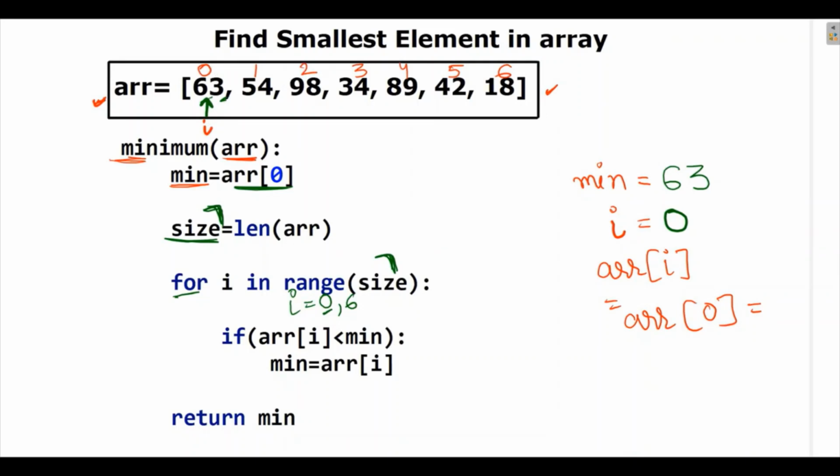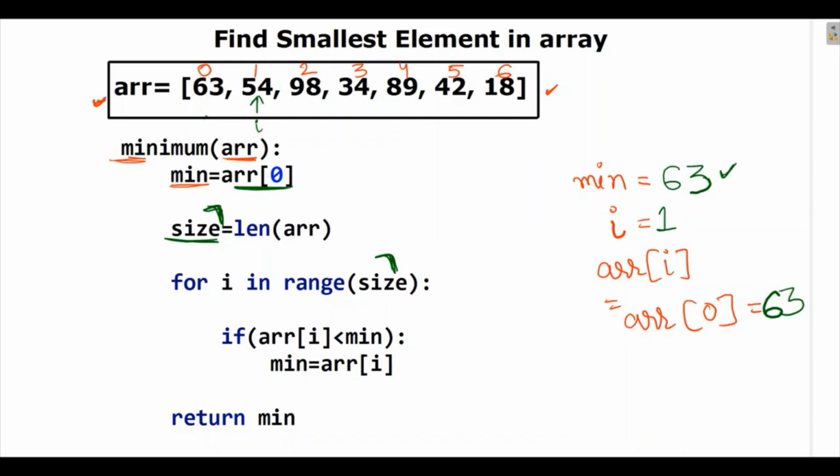ARR[0] is 63. Then we will check for ARR[I], which is 63, and min is also 63. So is 63 smaller than 63? No. So it will again go to for loop, and min we have as 63.